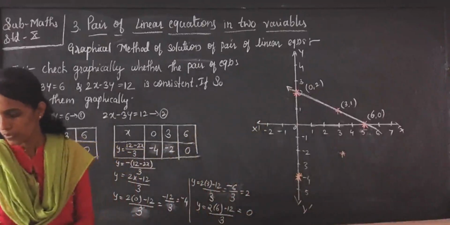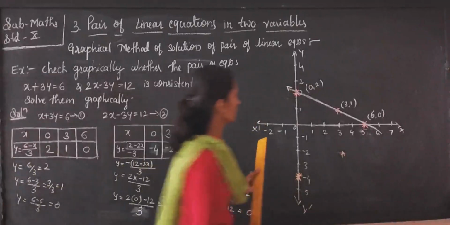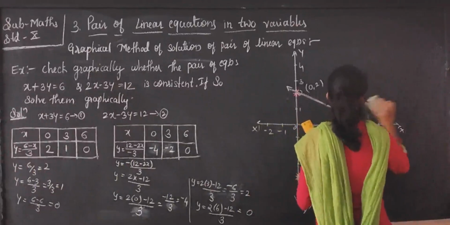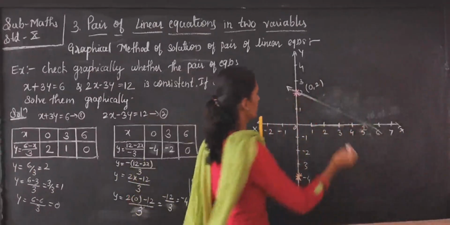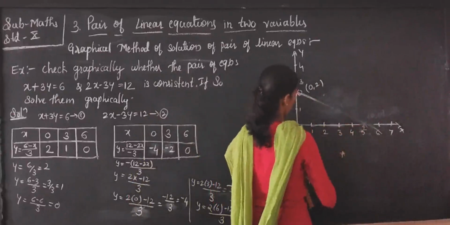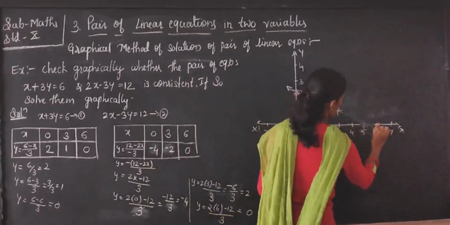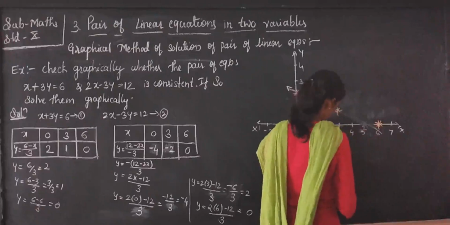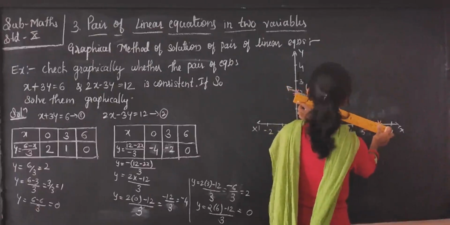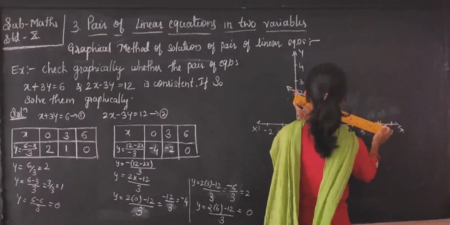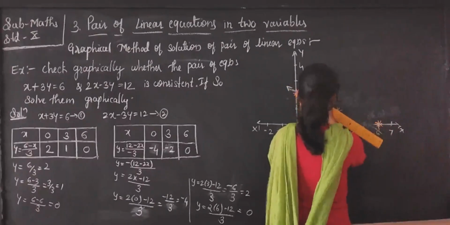Sorry. When x is equal to 6, y is equal to 0. Both values will be here only. So the first line you have to join here. A little variation will happen, okay.